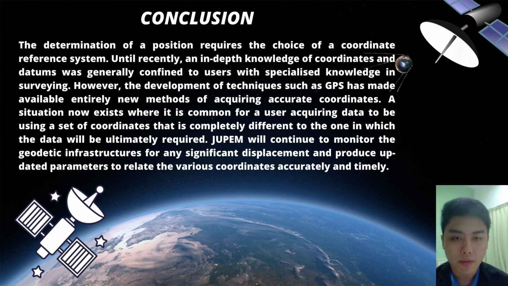However, the development of techniques such as GPS has made available entirely new methods of acquiring accurate coordinates. A situation now exists where it is common for users to acquire data using a set of coordinates that is completely different to the one in which the data will ultimately be required.